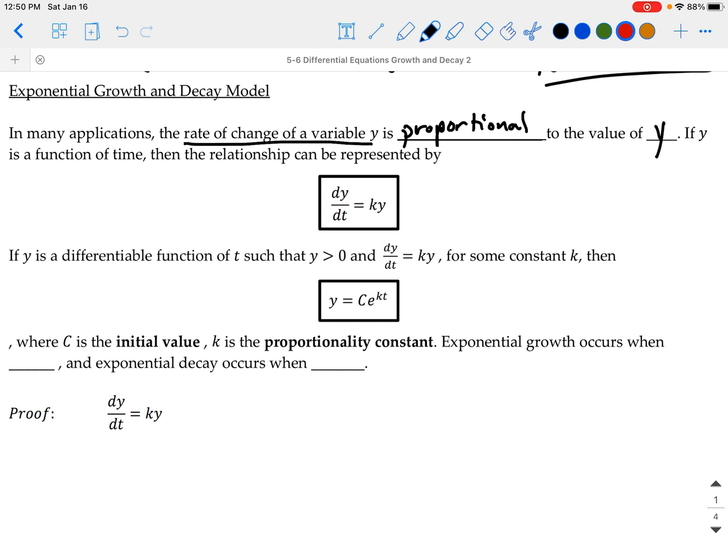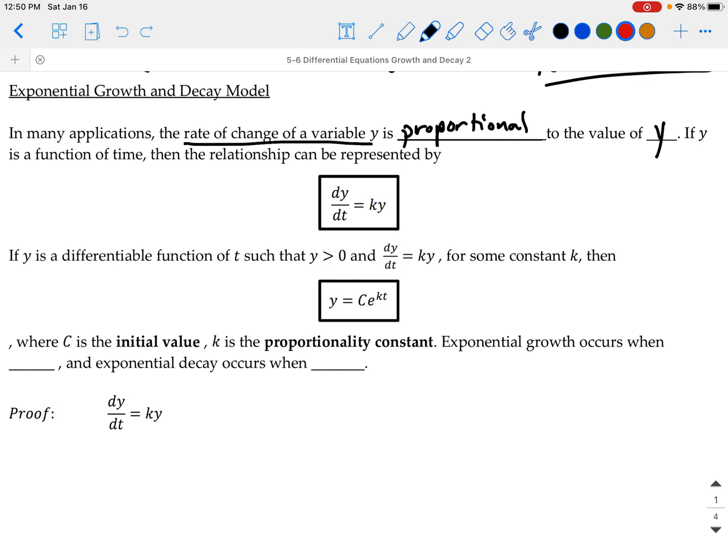In other words, the derivative of y with respect to whichever variable we're working with, in this case typically time, is equal to a constant multiple of that original function. So the function is a part of its own rate of change, where it's just a percentage change of the value of the function.